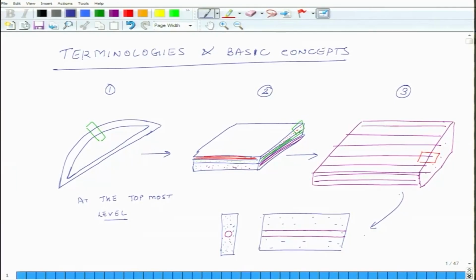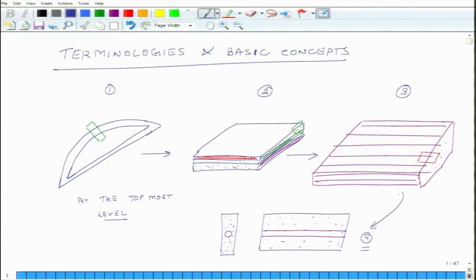Okay. So, this is view number 4. So, the way we do analysis of this structure, which is at the topmost level, so this is level 4, which is the finest possible level.